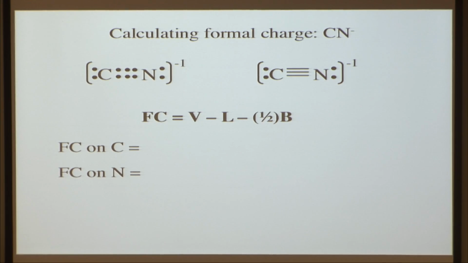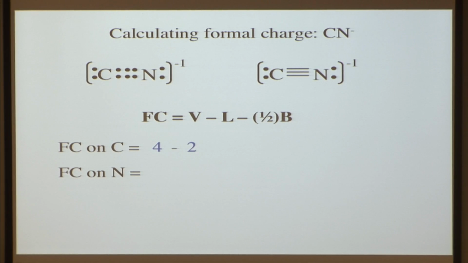OK, so let's calculate formal charge now on our CN minus molecule up here. So the formal charge now on carbon here. So how many valence electrons does carbon have? 4. How many lone pairs does it have? It has 1 lone pair, 2 lone pair electrons.